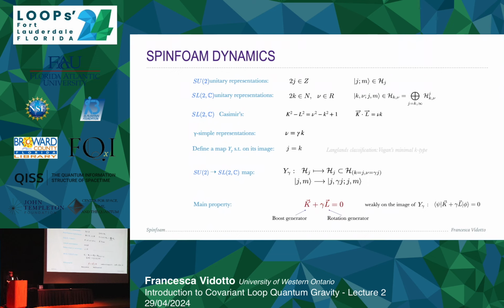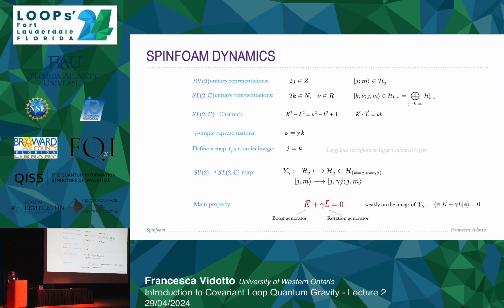So notice that this space decomposes into SU2 representations such that they appear each only once, and you have a sum that goes from k, that is like the minimal j, to infinity, because we said that they are infinite dimensional.